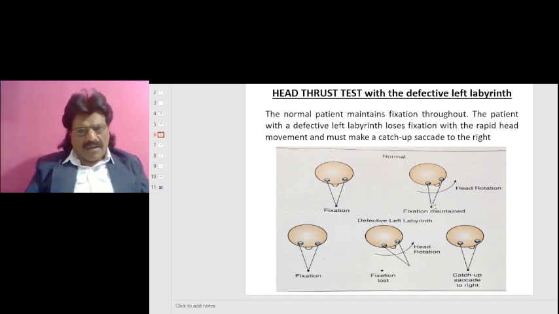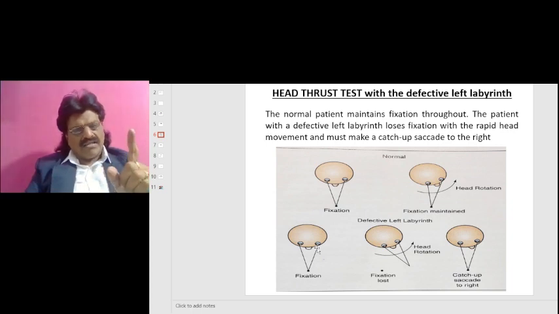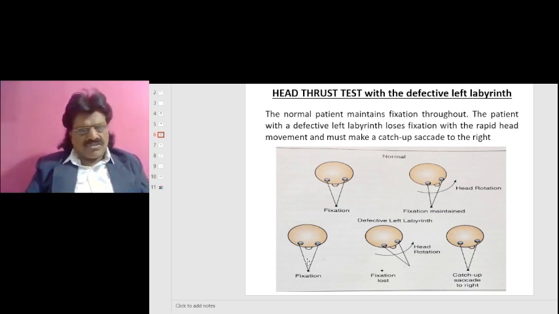Now let's see what happens if there's a defective left labyrinth. So when the left labyrinth is defective, what happens? Again here the patient is looking straight ahead, fixation being on the examiner's nose, and then suddenly the head is rotated. But here if you see, when the head is rotated, the eyes are also rotated along with the head and miss the target.